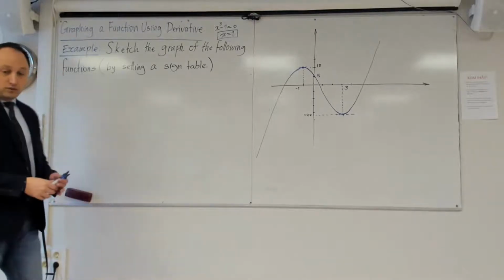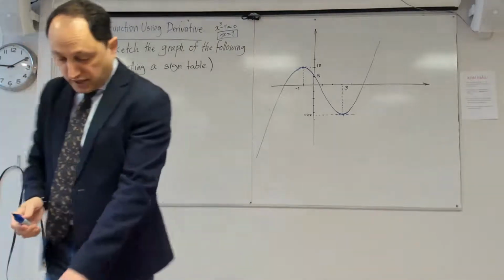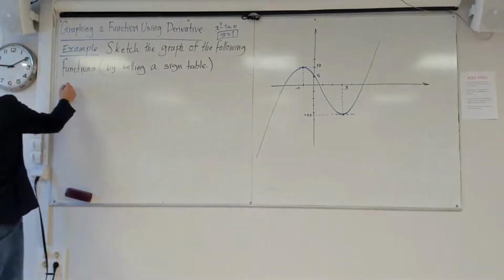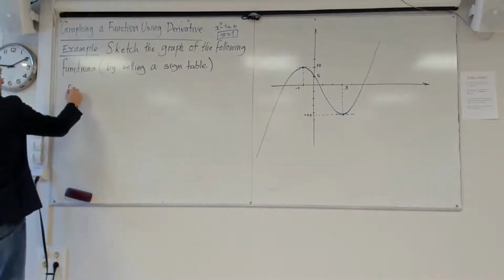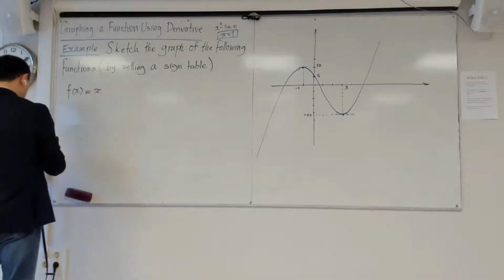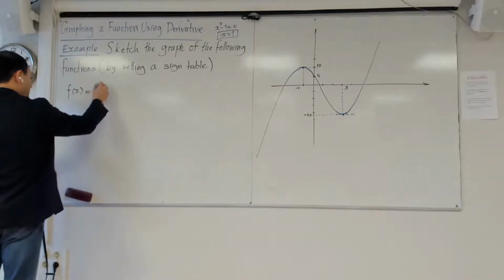Okay, so let me give you another example. f of x equals x to the 3 minus 6x squared, and then plus 5. Yeah, we can add one more example, so let us see how it goes.